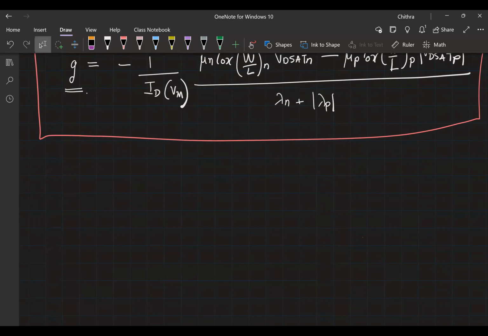So now what should we do? Noise margin for a short channel inverter is done. So we should at least make some comments about the noise margin for the long channel inverter, right? So let us quickly look at that.